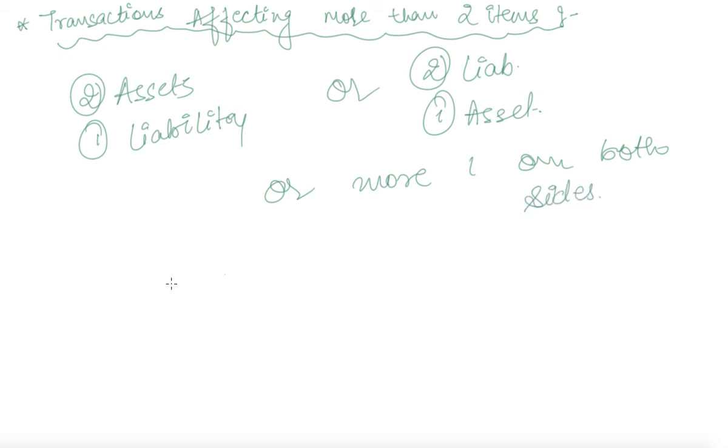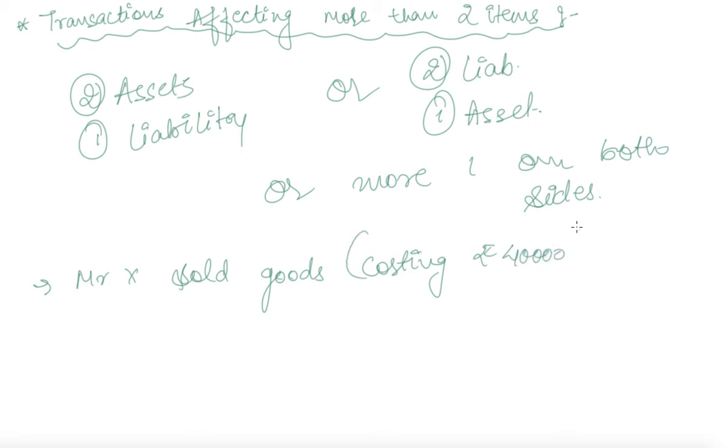Let's take an example of such a transaction, that is, Mr. X sold goods costing rupees 40,000 at the rate of rupees 45,000 to Mr. Y on cash.